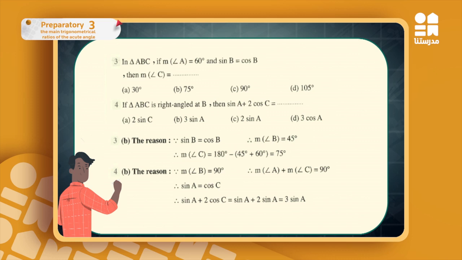Question number 4. If the triangle ABC is right angle at B, then sine A plus 2 cosine C. Many students, when they read this question, say how can I solve it when I don't know any side? I will tell them, remember the note: sine the acute angle is equal to cosine its complementary.